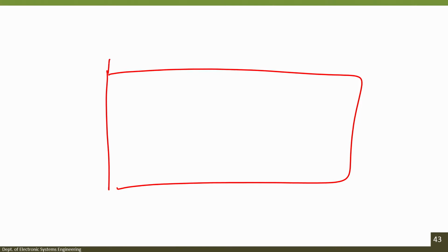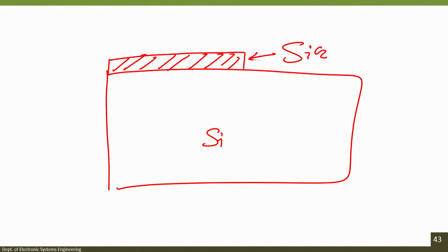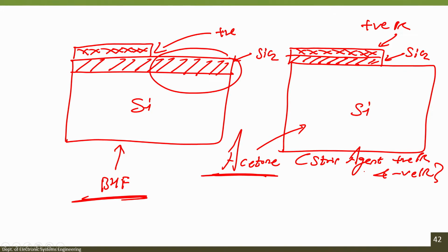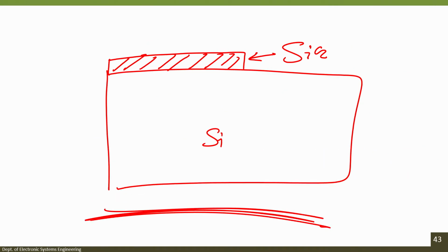I will have silicon and silicon dioxide. This is what I want, right. Let us go back. You see here silicon and silicon dioxide, the same thing I got here, silicon and silicon dioxide, is not it. This process is called photolithography.